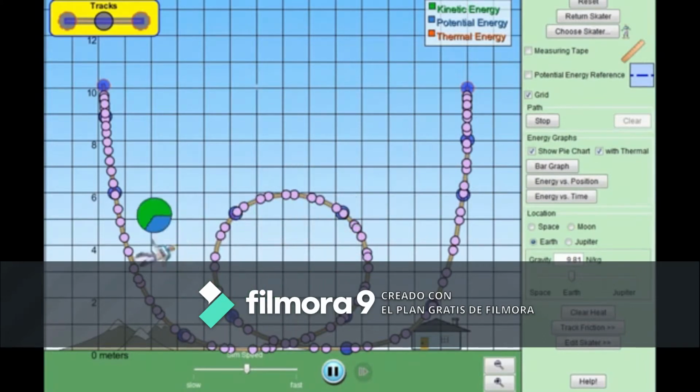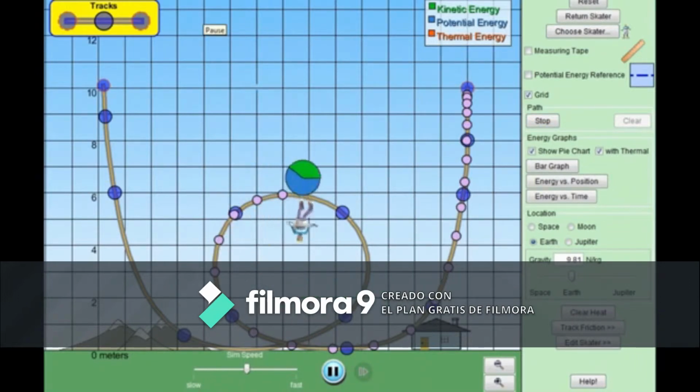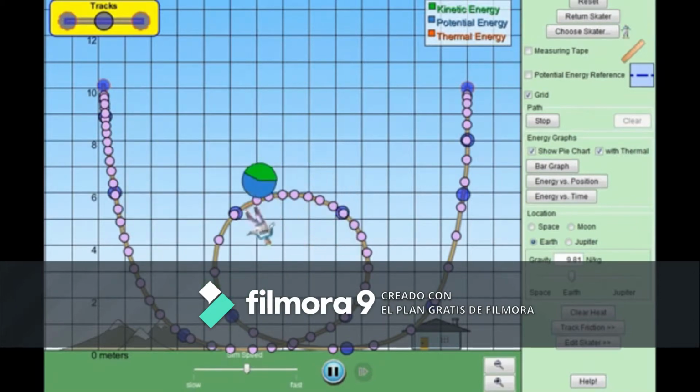And for the kinetic energy, when he reaches zero meters, nearly to enter the loop of the ramp, he gets the most kinetic energy. This is because the kinetic energy depends on the velocity. So that's the point when he gets more velocity on all the ramp.